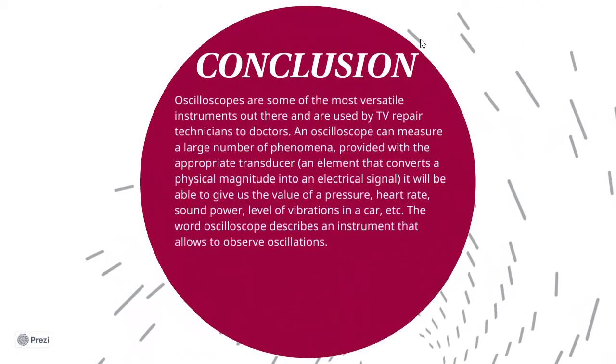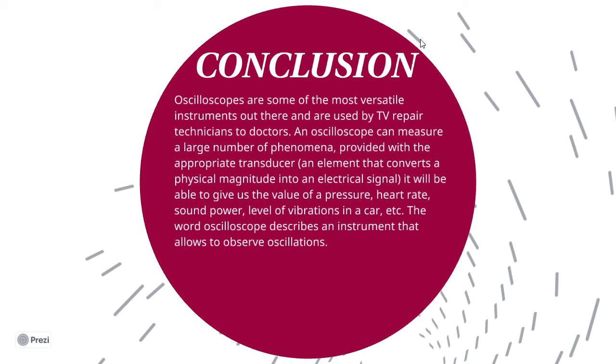Conclusion: oscilloscopes are some of the most versatile instruments out there and are used by TV repair technicians and doctors. An oscilloscope can measure a large number of phenomena, provided with the appropriate transducer, an element that converts a physical magnitude into an electrical signal.